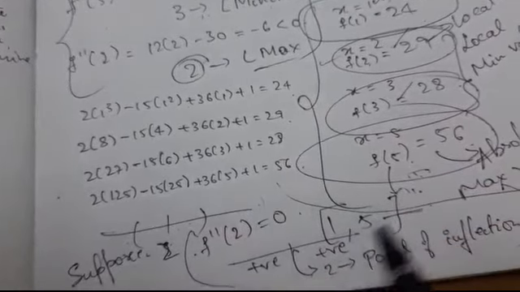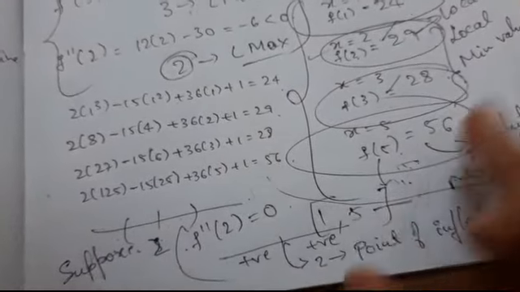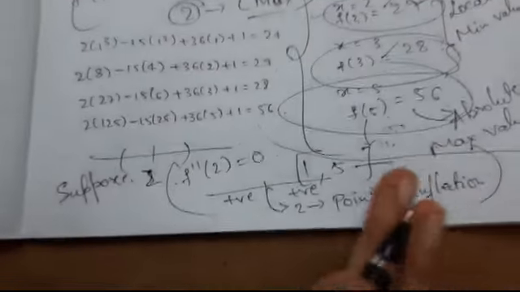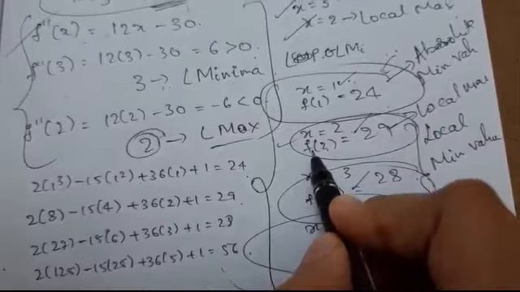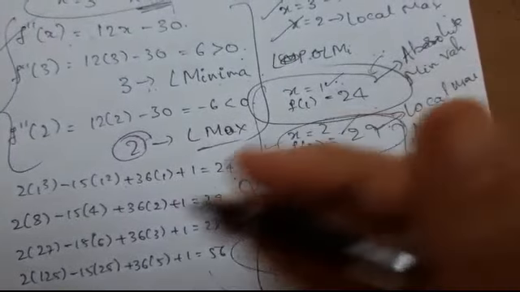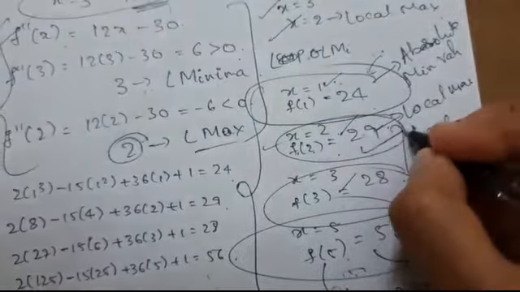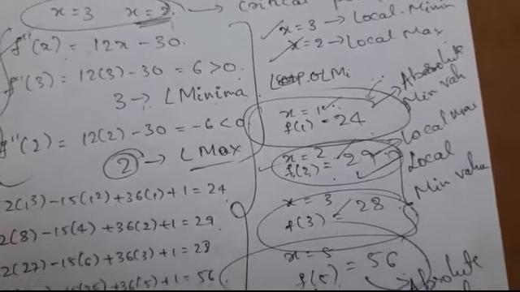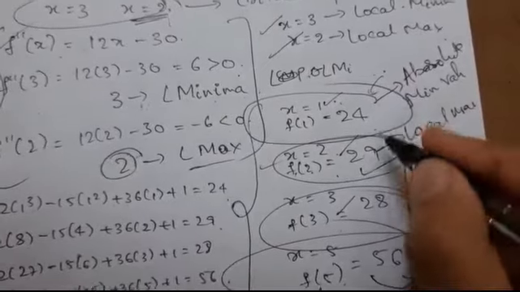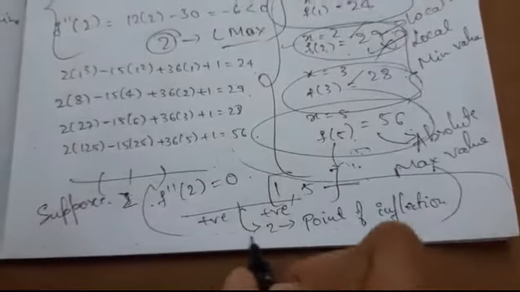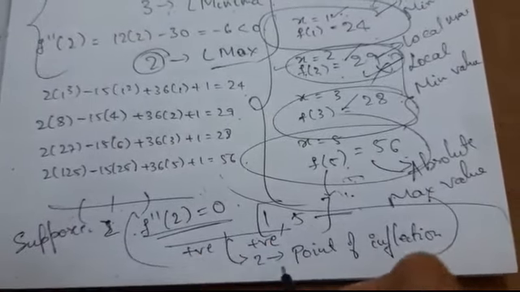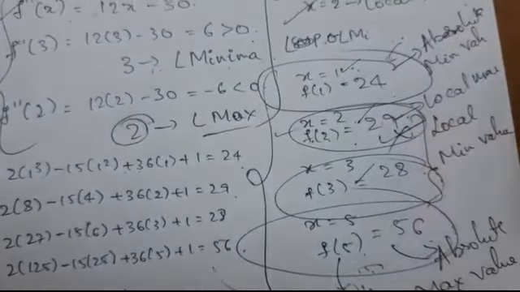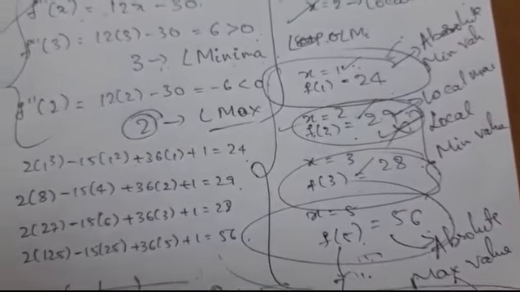Suppose you got f(2) equal to 21 or whatever the maximum value, and you declare that f(2) is an absolute maximum or absolute minimum value, then that will be wrong, because by checking this you found that 2 is a point of inflection. At a point of inflection you can't say that point has an absolute maximum or absolute minimum value.